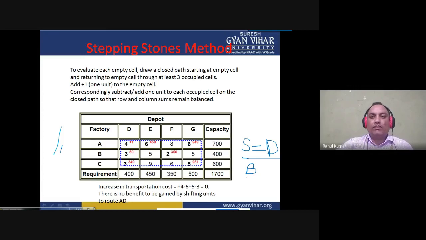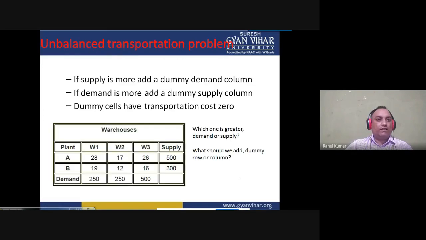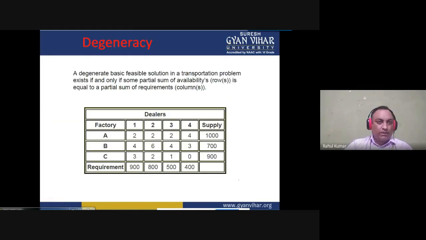This problem is solved by different types of methods. Then move to the next question: special cases. These are the unbalanced transportation problem. I will solve the unbalanced transportation problem in the next lecture, right?